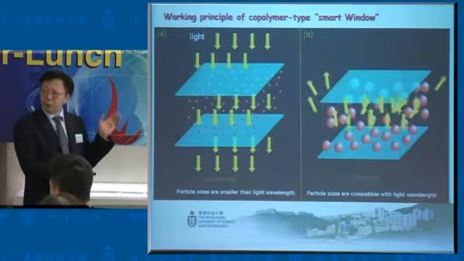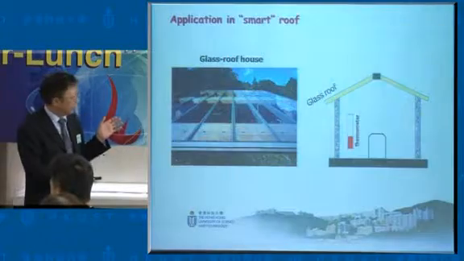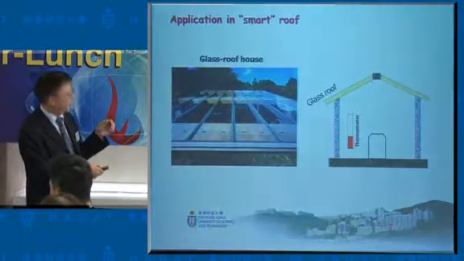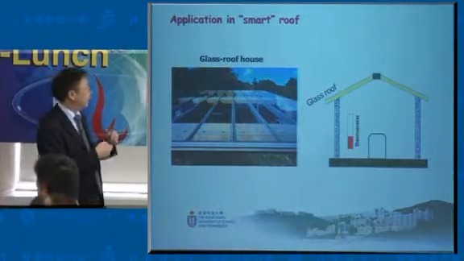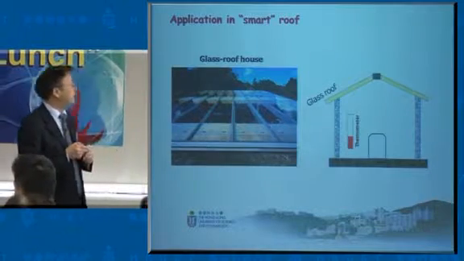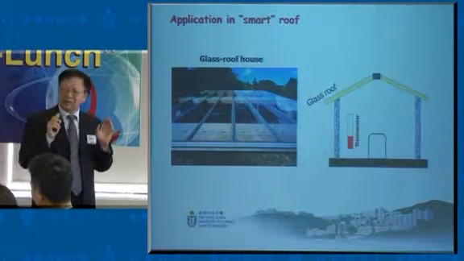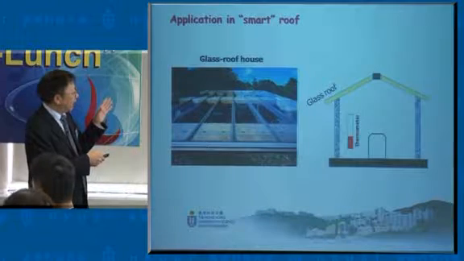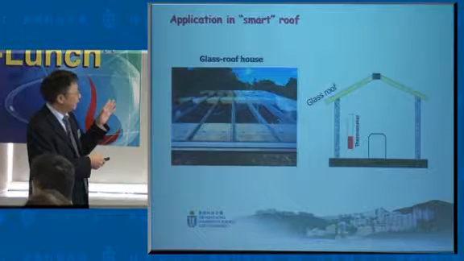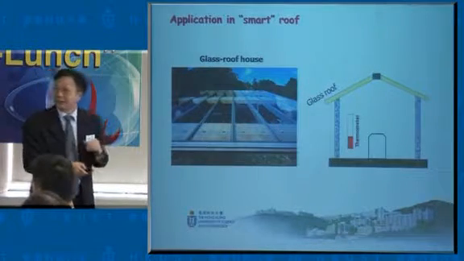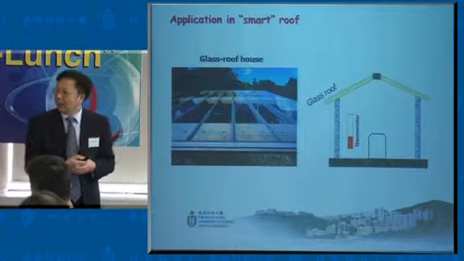So how do we use these materials? That's very simple. Suppose you know this glass roof greenhouse. Some greenhouses use a glass roof. But in summer there's a problem. Why?